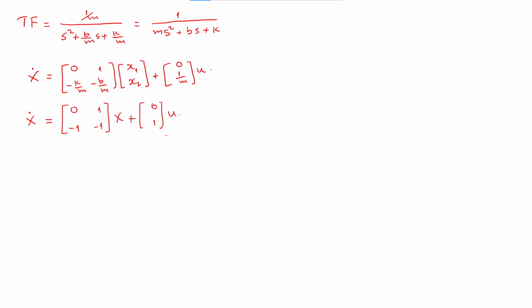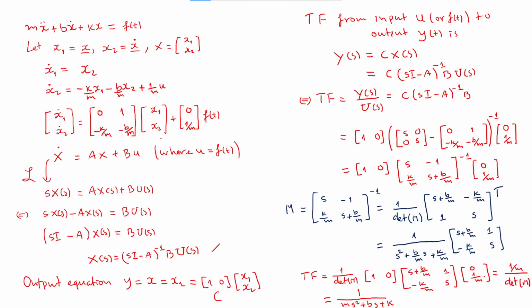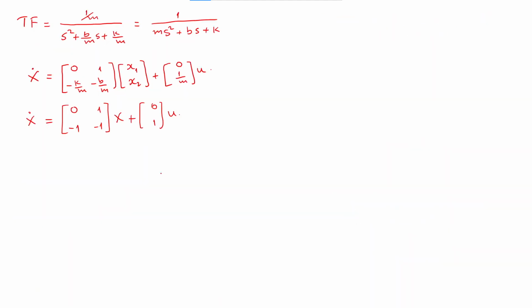Now you can use MATLAB or Scilab to find a discrete system. So this one is F, this one is G, right? If you still remember the lecture, how do we find the discrete system?